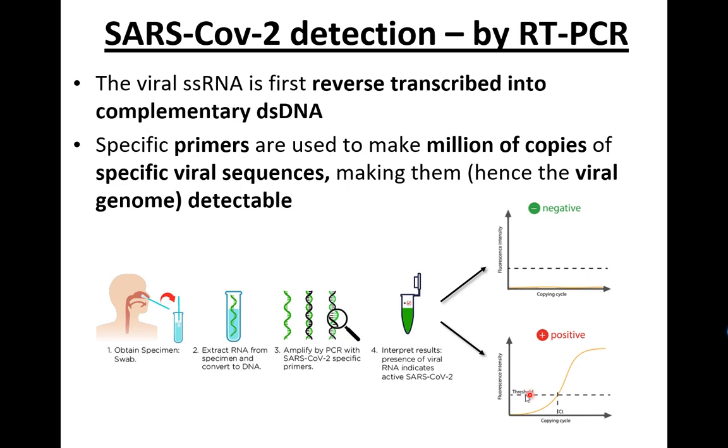It's actually more than one that you're tested for, and therefore you start having a significant signal appearing after a few cycles of PCR. Now, the intensity of the infection will also be proportionate to how quickly these curves appear. If you have a lot of genome, it would appear very quickly. If you don't have that much, this will be delayed. And so sometimes they comment very positive, not so positive. That's what it's all about.